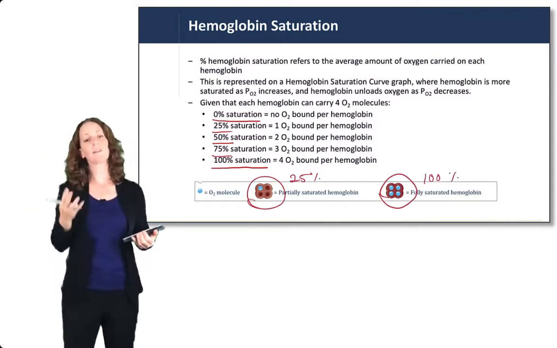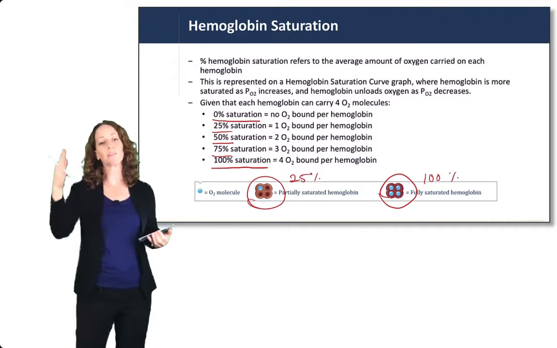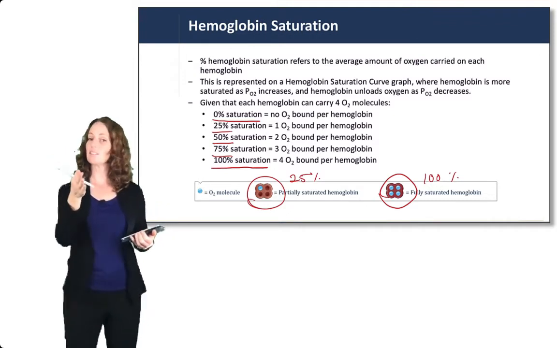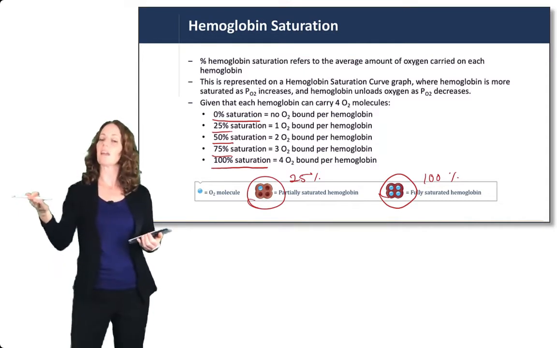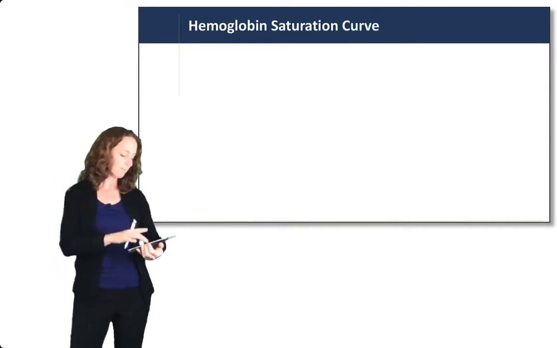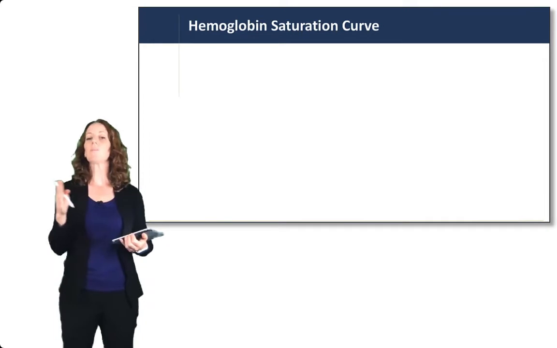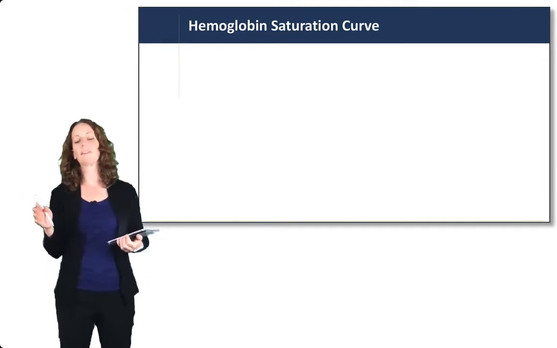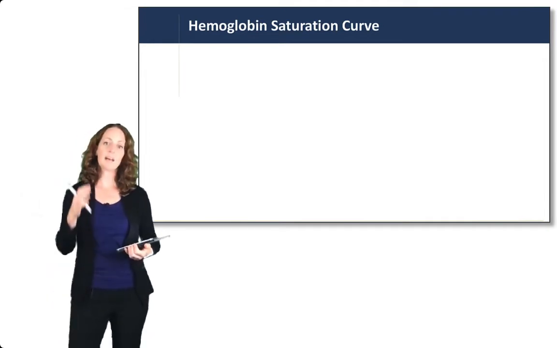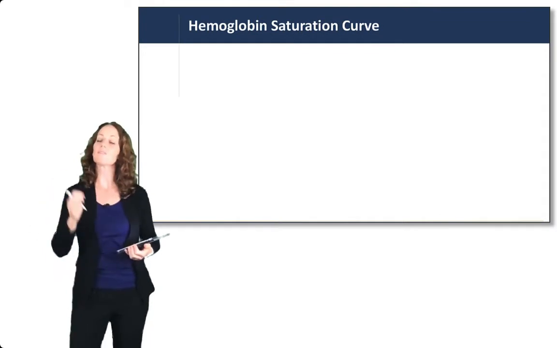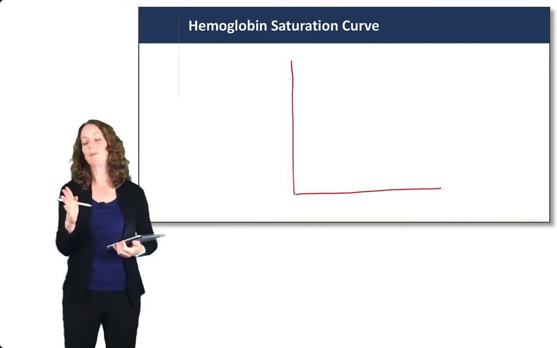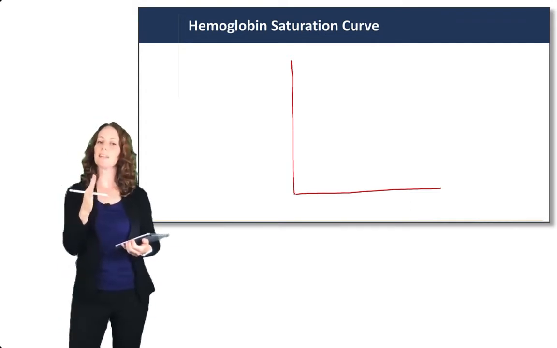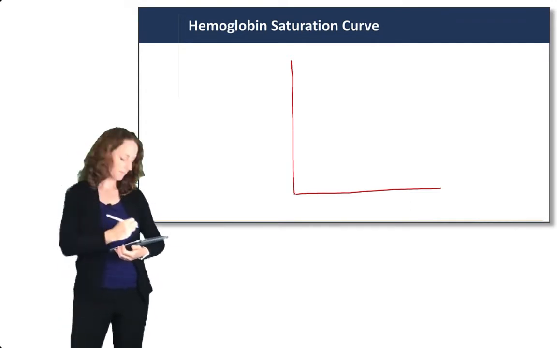So keep this saturation in mind, and now we're going to graph and look at the change in saturation based on the amount of oxygen in the area near the hemoglobin. So the hemoglobin saturation curve is the way to visualize this. I'm going to draw one for you, and then I'll show you the textbook one. On the y-axis of the hemoglobin saturation curve is the percent saturation of hemoglobin.